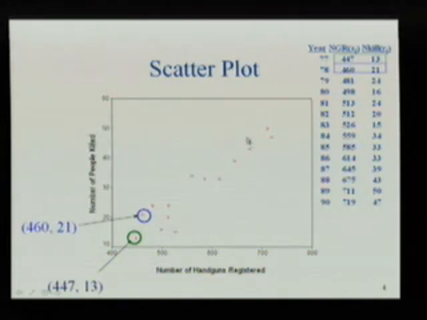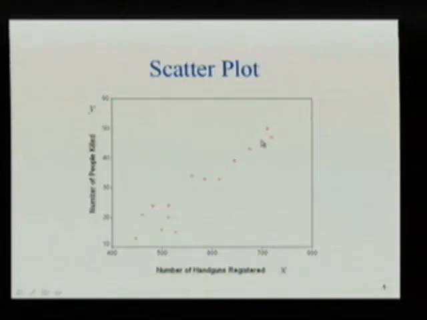And if you have a line that goes like this, what would be the slope? Positive. So the slope and the correlation are related, at least in the direction, positive or negative. If you have a line fitting this scatter plot that is positive, that means you have a slope that's positive, which means the correlation is positive.